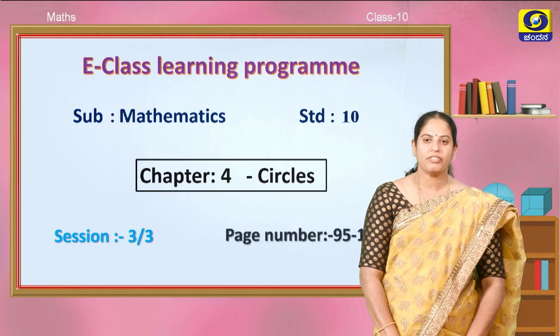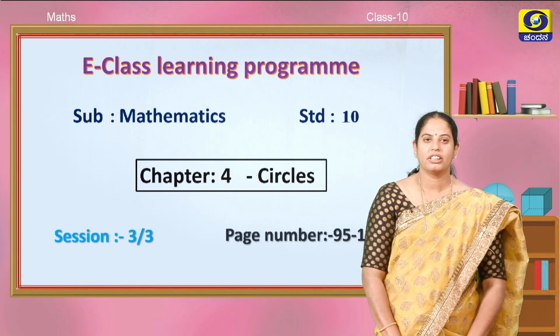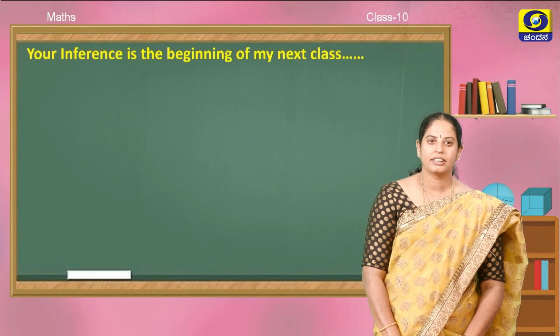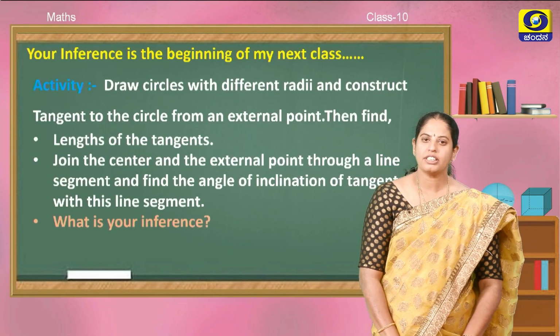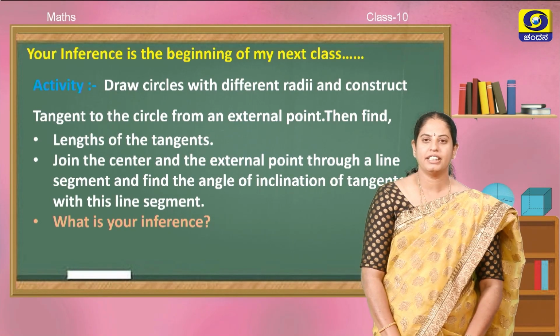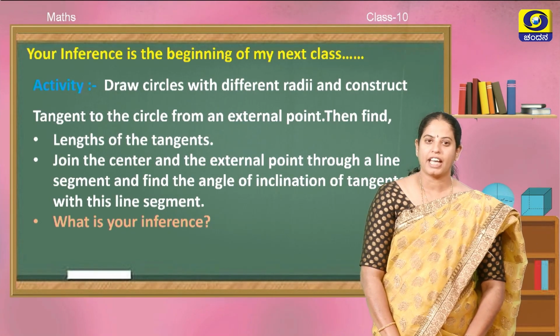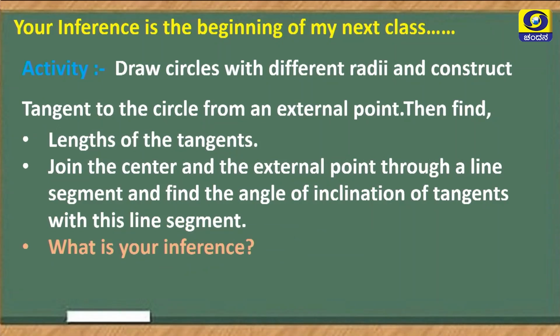In the previous class, that is in the second session, I gave you one activity, that is, draw circles with different radii and construct tangents to the circle from an external point.